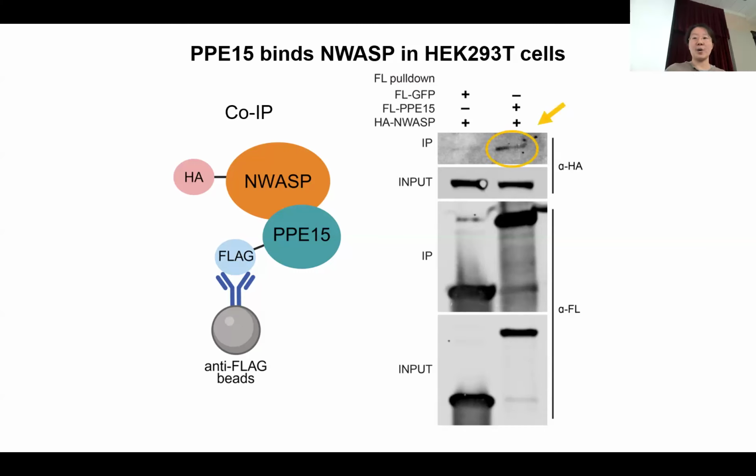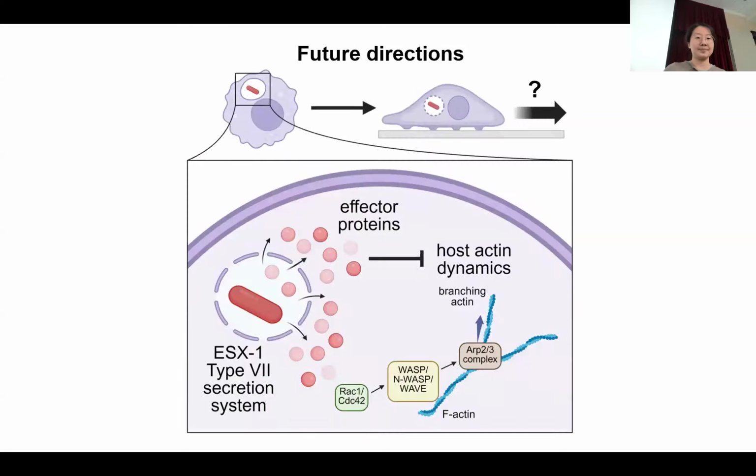However, as highlighted in yellow, I did see that PPE15 did bind to NWASP in this Western blot. So not only does this demonstrate that structure can be used to predict and model protein interactions, but it also demonstrates that PPE15, which is an MTB effector, can bind to macrophage actin regulators like NWASP.